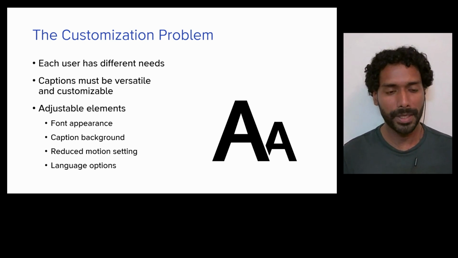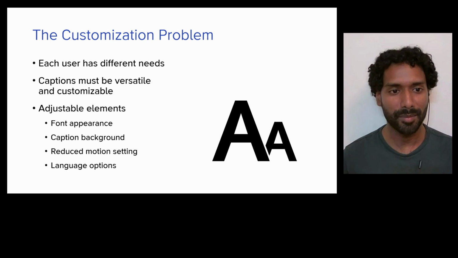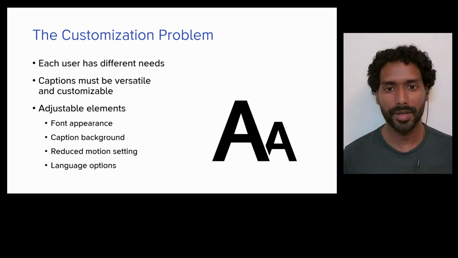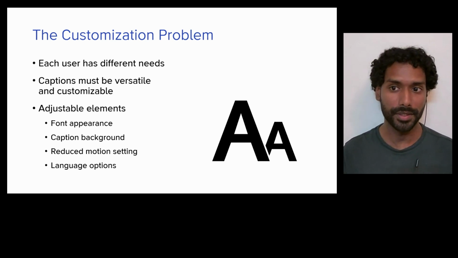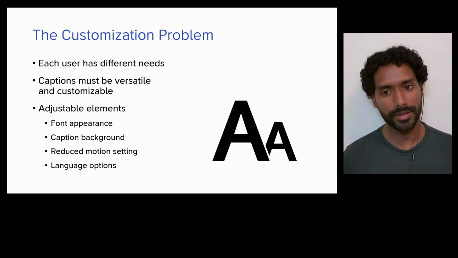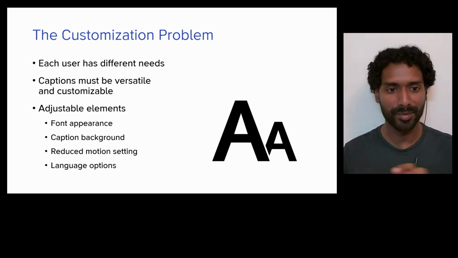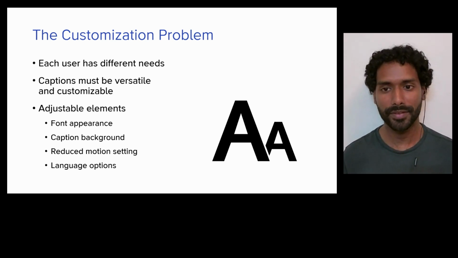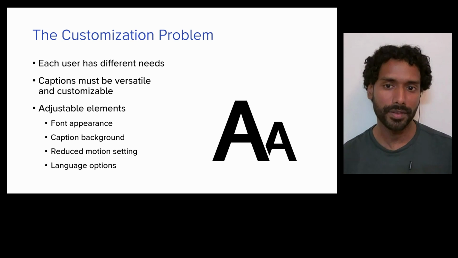So people need to be able to adjust exactly how captions appear in the app. So the font appearance, like the font size, color, outline, then some people might also need a background for readability. And if somebody has motion sickness, they need an option to reduce the number of animations and captions moving around too much.